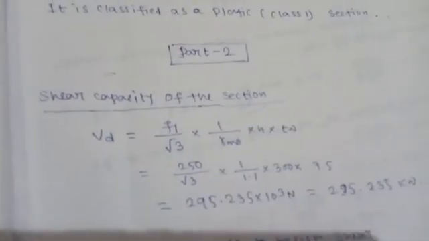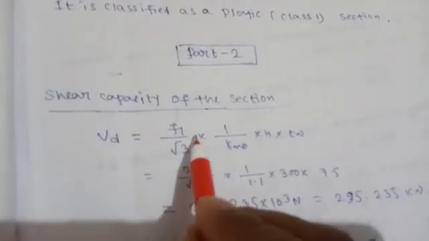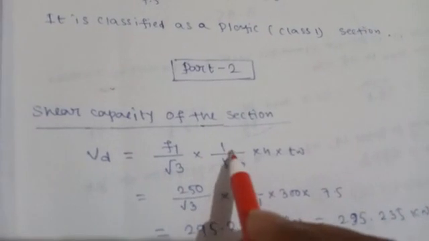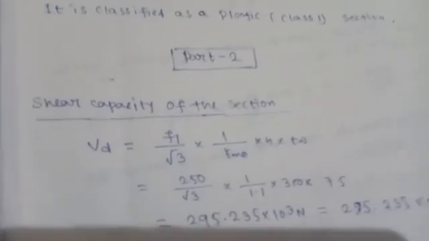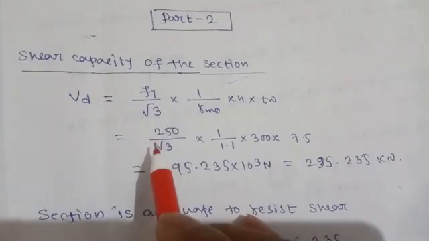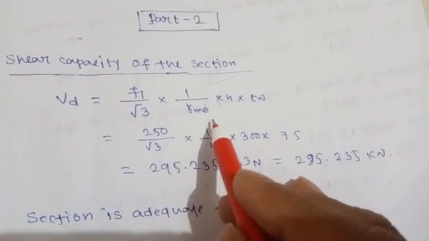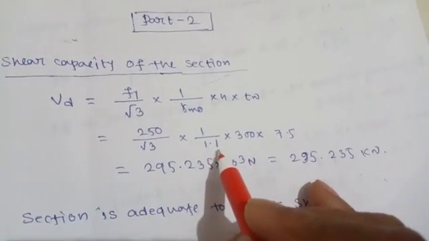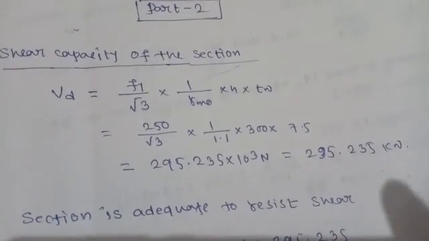The shear capacity formula is Vd equal to Fy by root 3 by gamma m0, times h tw. Putting in the values, that is 250 by root 3 by 1.1 (gamma m0), times 300 into 7.5.